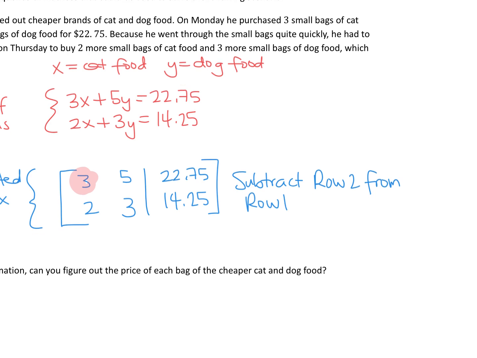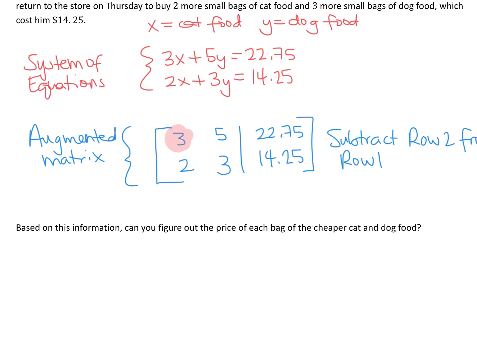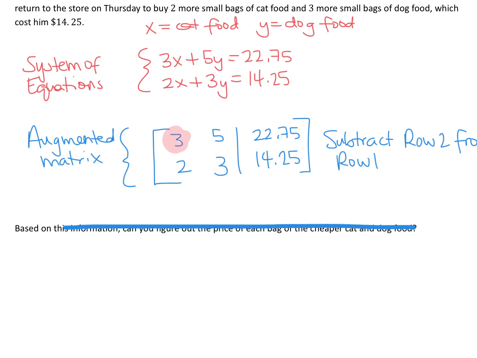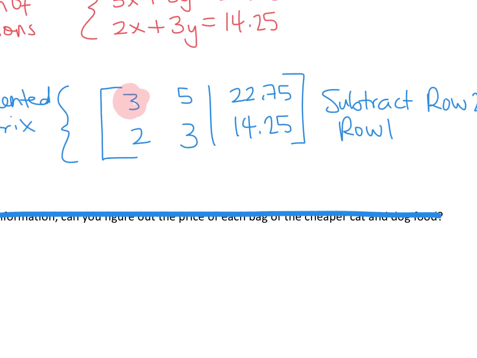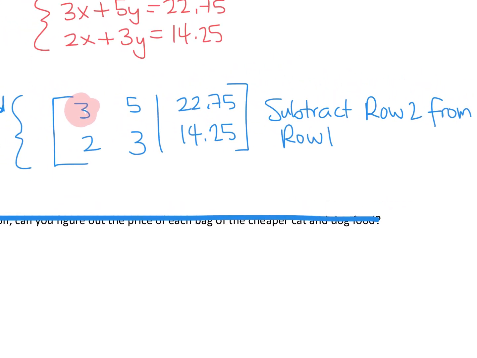Okay, so we end up with, and I'm just going to cross out this question over here because we need some space to work through the problem, right? So if I do that step, I subtract row 2 from row 1, I end up with a 1 in the upper left corner, then I get a 2, and then $8.50, and my second row is unchanged, right?